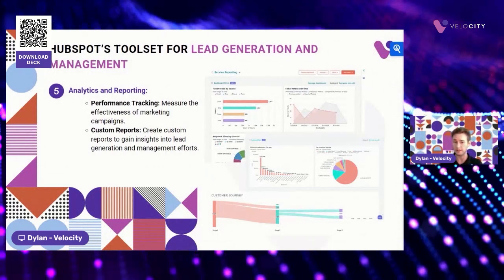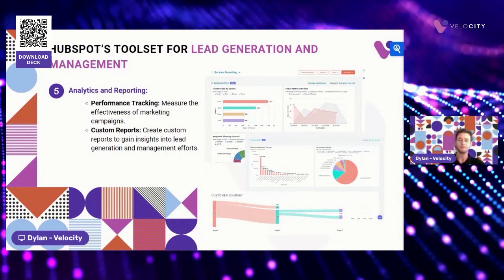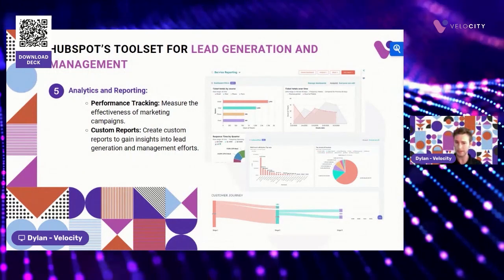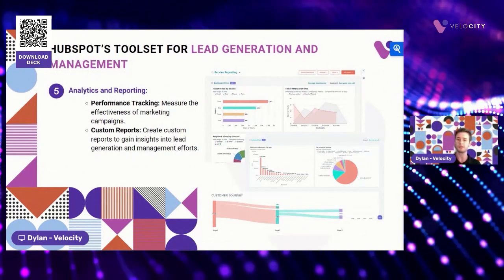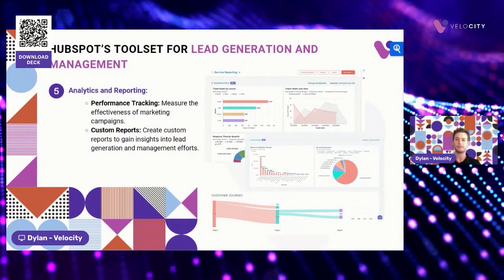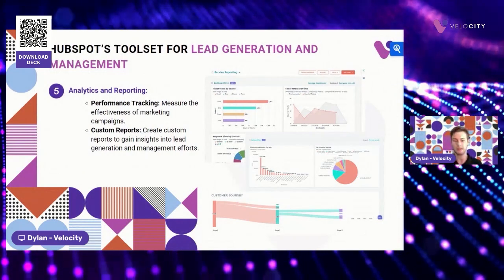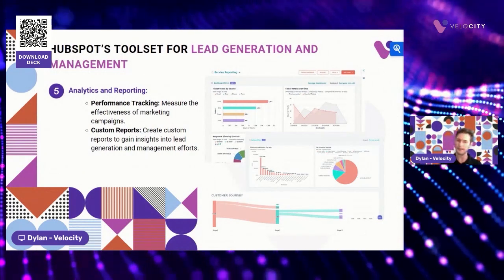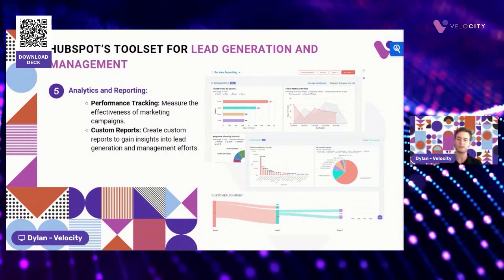You can also evaluate the performance of your campaigns. If a campaign is promoting a new program, for example, and this has resulted in a significant increase in applications, you'll have the data to support and replicate this strategy across the board.